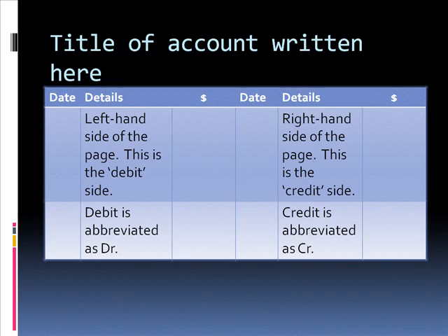On the right hand side of the page is the credit side. Credit is abbreviated as CR. So you see the line that splits the account into left and right. The right side of the account is the credit side and the left hand side is the debit side.